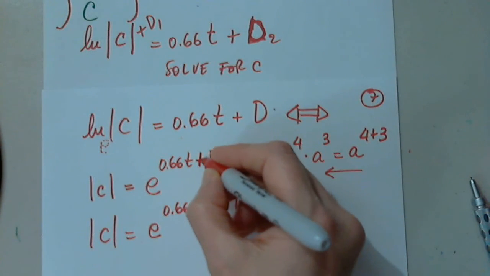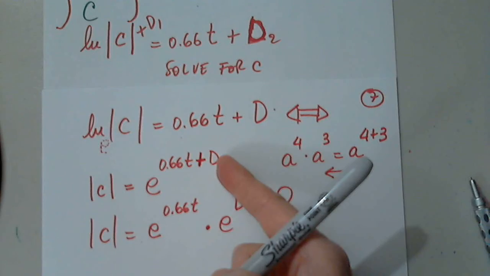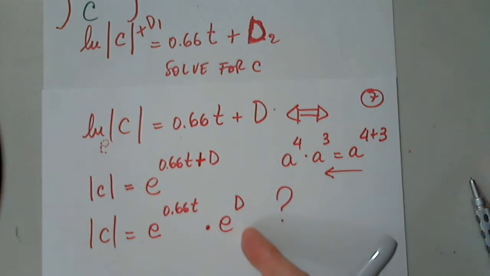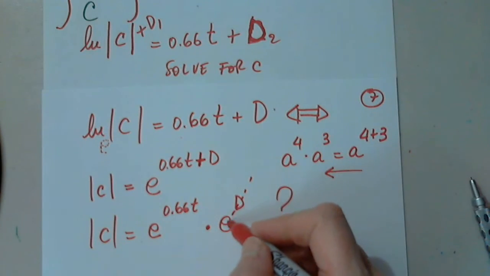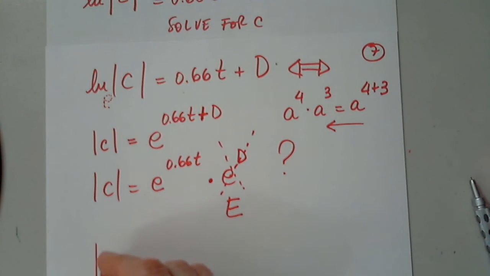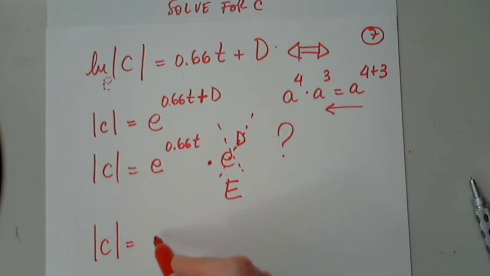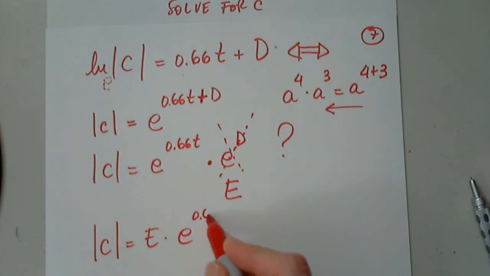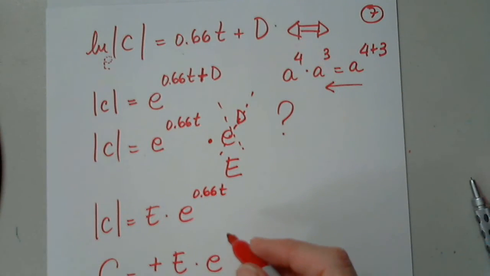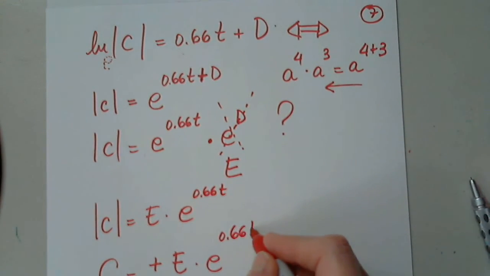Because of the plus of these two terms, it's a sum of two terms, e to this power times e to this power. We are normally changing this into a constant. I'm going to call it e. So then the absolute value of c equals e times e to 0.66t. And then c equals plus or minus e times e to 0.66t.